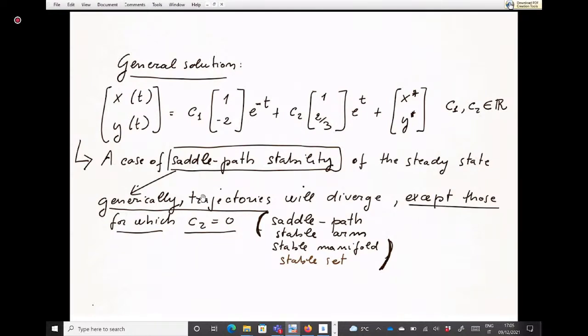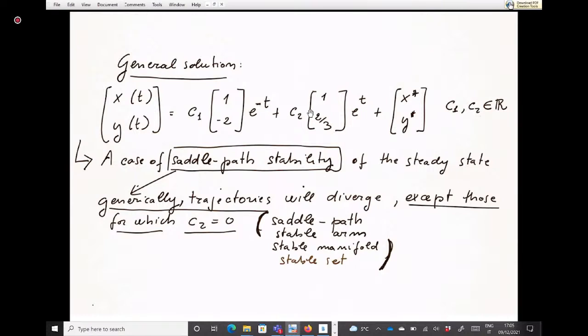Okay? So the basic insight is that in this case, where we have two eigenvalues with opposite signs, trajectories will diverge, except those for which C2 is equal to 0. And those trajectories corresponding to a case where C2 is equal to 0, which means the set of initial conditions that correspond to the case C2 equal to 0, are called saddle path, or stable arm, or stable set, or stable manifold of the dynamical system.